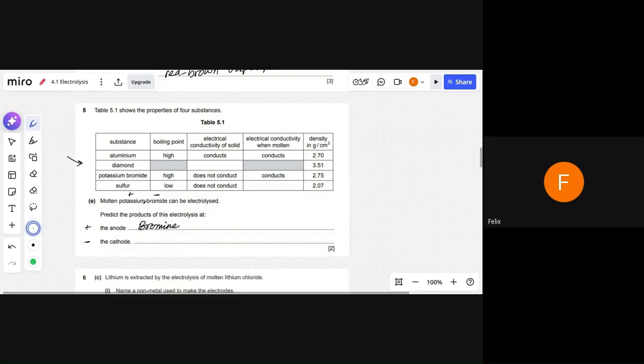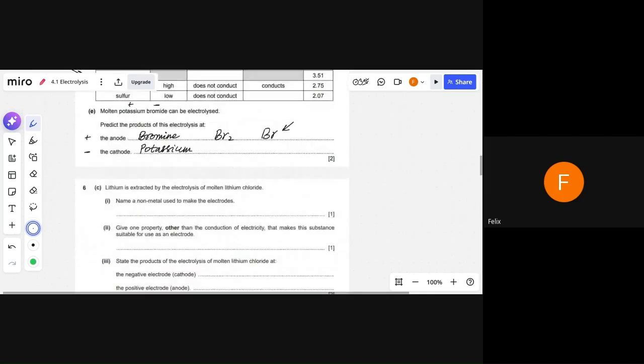At the cathode, it will be potassium. You can also write their symbols since the periodic table is given, but writing a name is always a safer option, because bromine exists in the form of Br2. If you write Br, you may not get any mark. So just to be on the safe side, write the answer in English, as a word, not as a symbol.